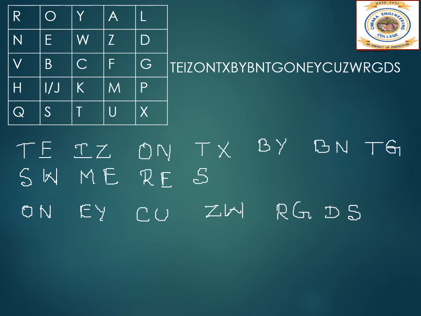T is S, X is U. B and Y. So B it is C and Y it is O. B and N. So for B it is V, N it is E. T and G. So for T it is X. For G it is C.